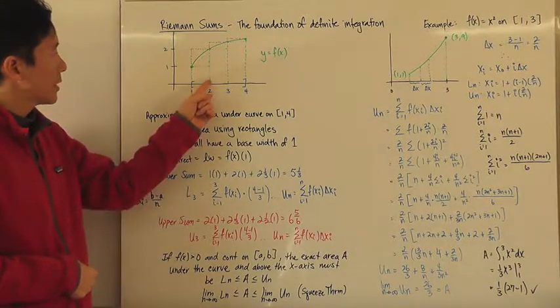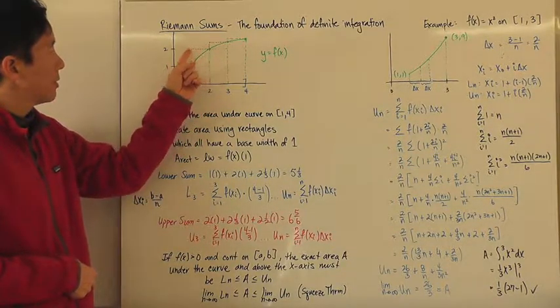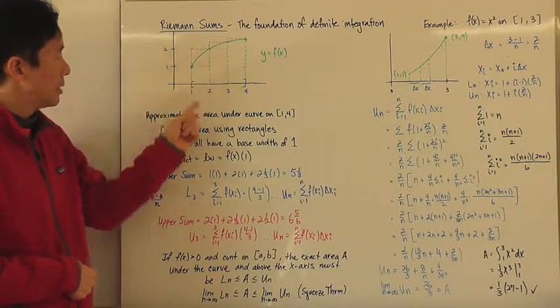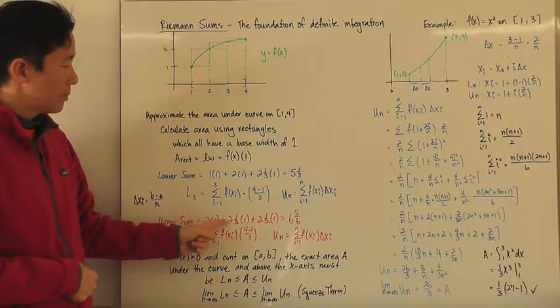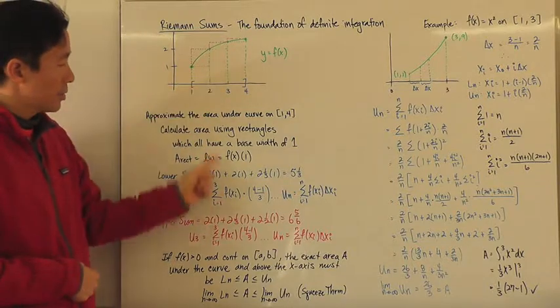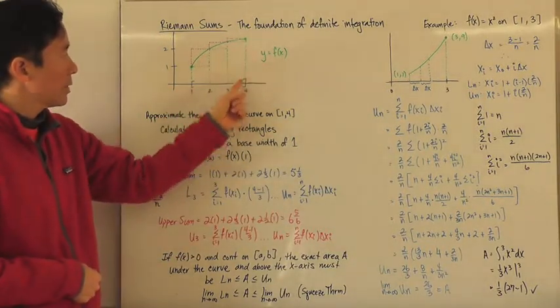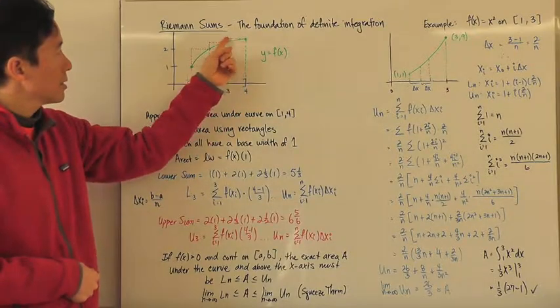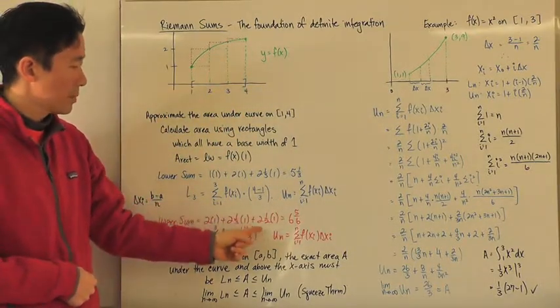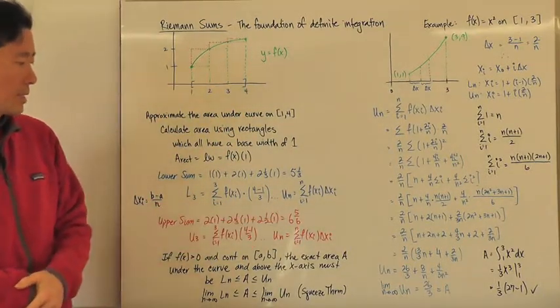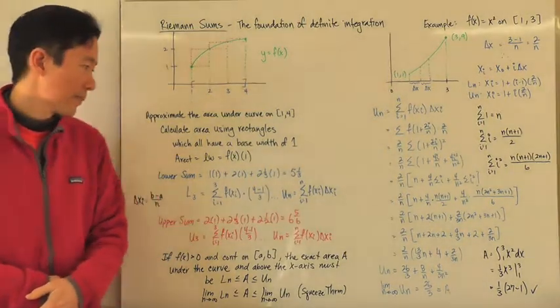The height of the first rectangle is actually this value, so it's 2. That's why I have 2 times 1, plus 2/3 times 1, plus the last one, which is when x is equal to 4, and that's about 2.5 times 1. That's going to come up with 6 5/6.